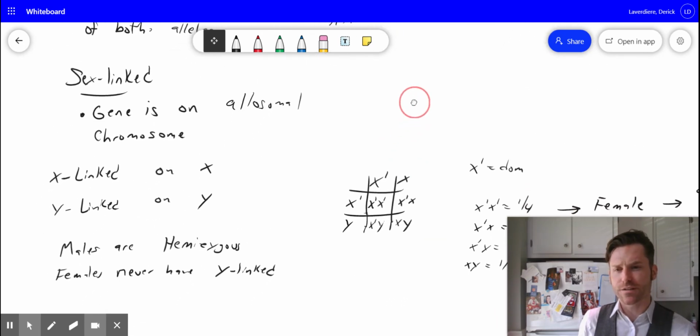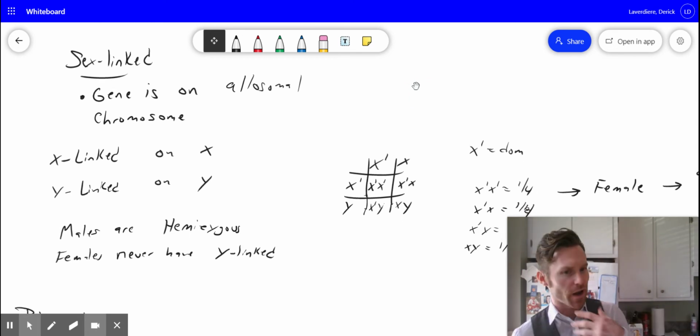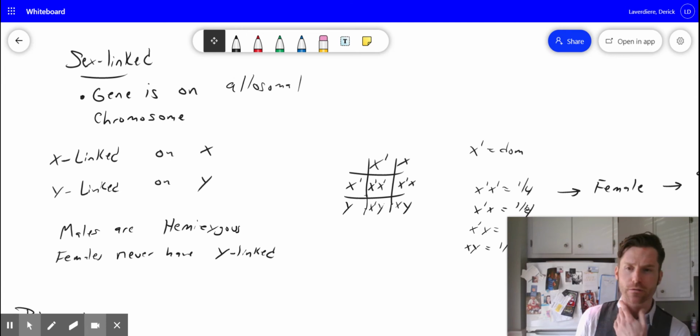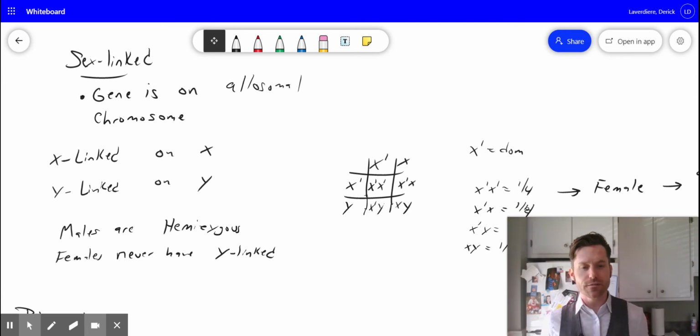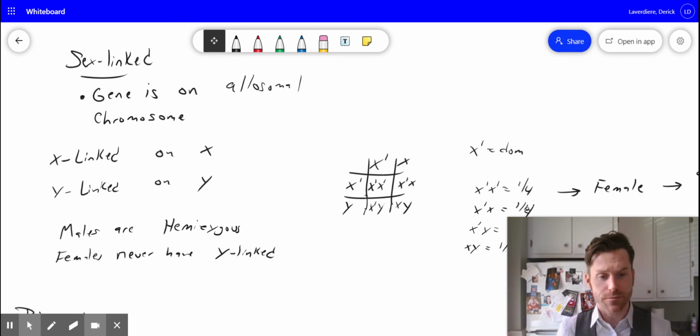And then we get on to sex-linked, which is kind of cool in that it changes the actual way that inheritance shows up. Okay? And so this is when the gene is on one of the allosomal sex chromosomes. Right? And so allosomal means that the chromosomes are different from one another, as opposed to our other 22 chromosomes, which are autosomal.